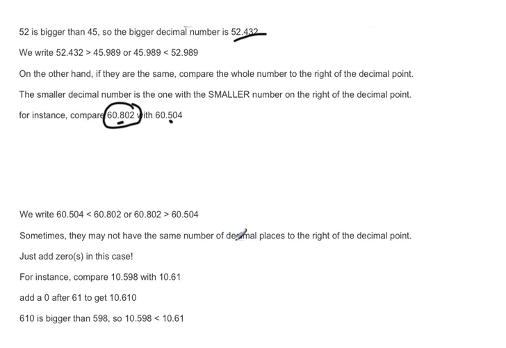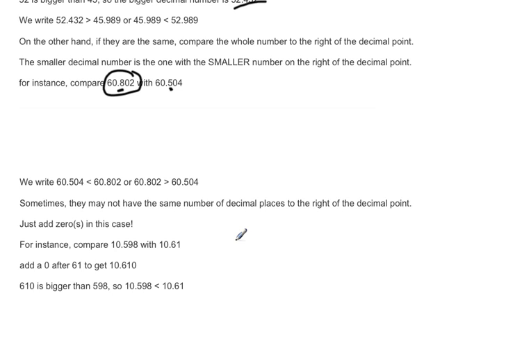Now, sometimes you're going to have numbers that don't have the same number of decimal places. What you need to do in that case is just add zeros to the number that has the lesser amount of digits. So if I look at 10 and 598 thousandths and 10 and 62 hundredths, if I just add the 0 here, now I end up with the same amount of digits.